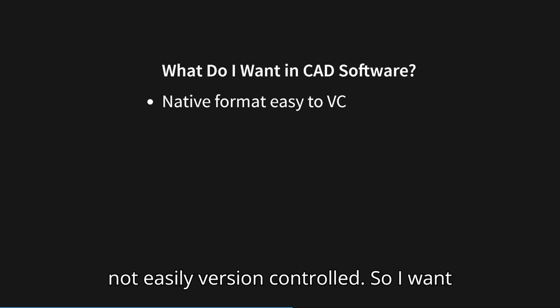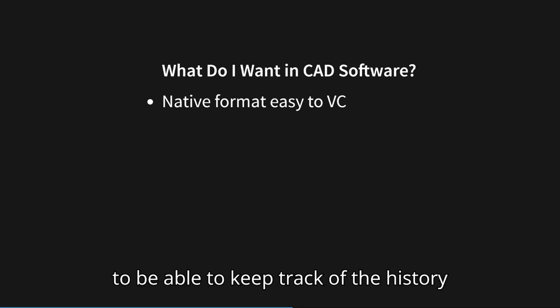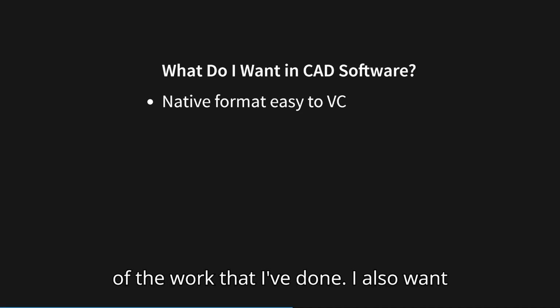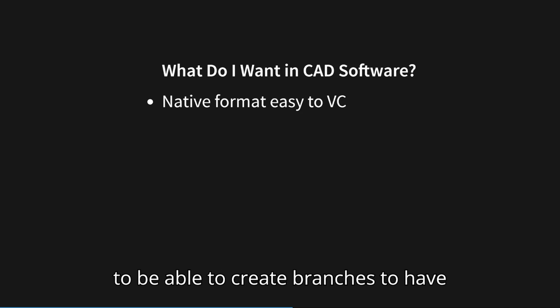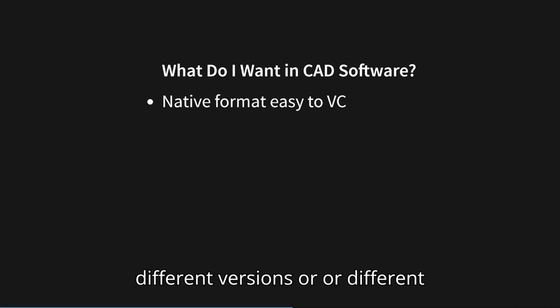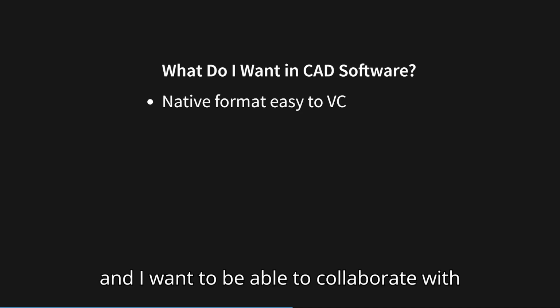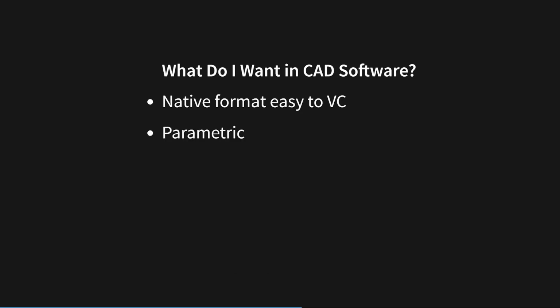So it's not easily version controlled. So I want to be able to keep track of the history of the work that I've done. I also want to be able to create branches to have different versions or different features on my models. And I want to be able to collaborate with others, share it.